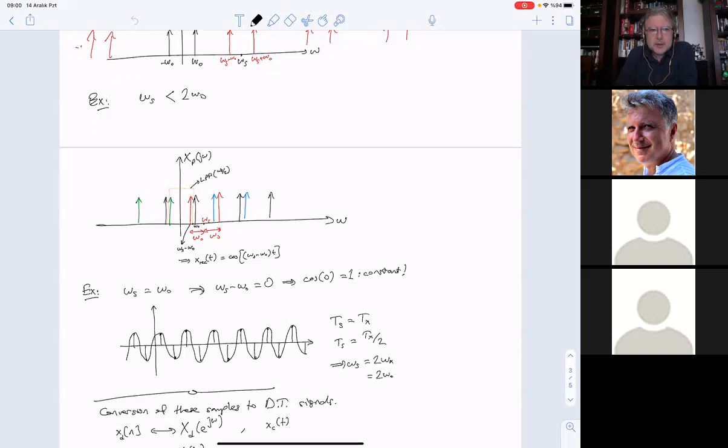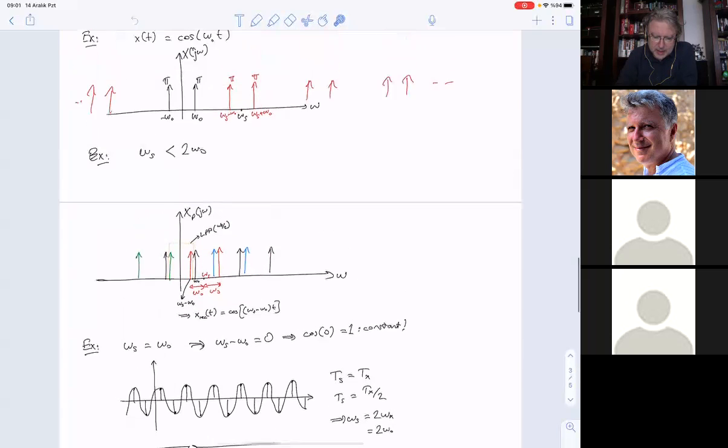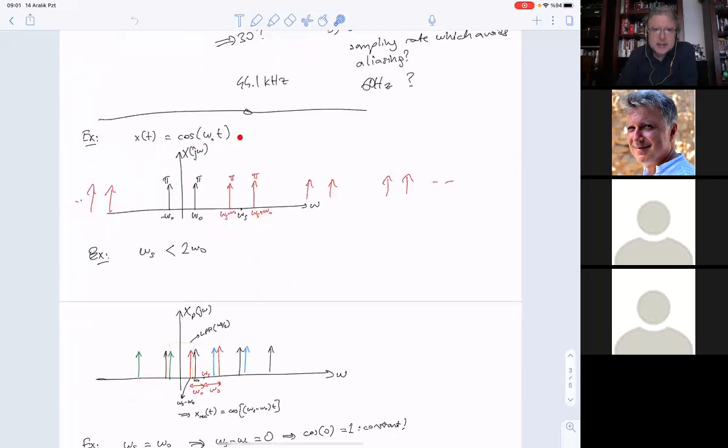As we know from this example, where we had a sinusoidal signal, a cosine, with a frequency of omega 0, if the sampling frequency omega s is more than twice omega 0, then the two impulses generated by the cosine will be repeated at individual, isolated places.